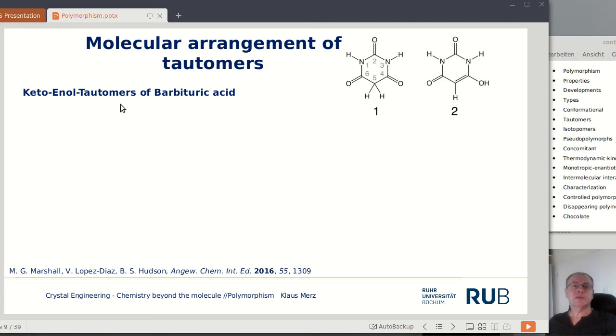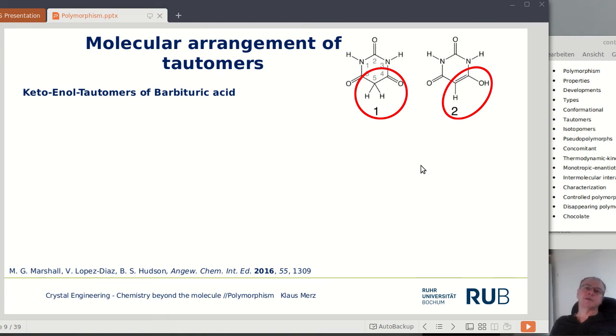The keto-enol tautomer behavior of barbituric acid has been known for a long time. If you look in solution, you will find this is the keto form, and this is the hydroxy form. The difference is here; there are only keto-enol tautomers. Typical examples. It is well known that this phenomenon exists in solution.